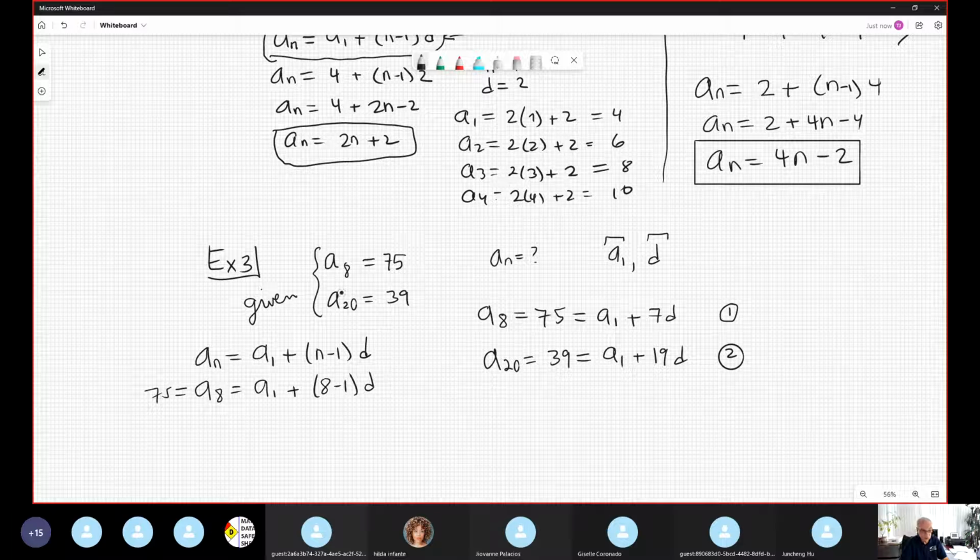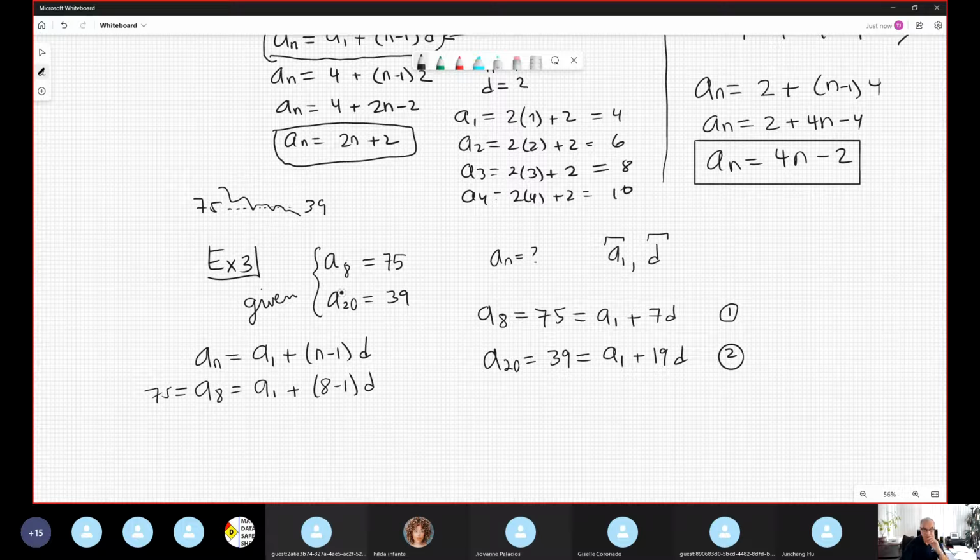Something is weird in this sequence because a8 is 75, and when you move forward to a20, we have 39. So my sequence is decreasing, it's going down. Since it's going down, I predict the common difference is a negative number. That is the reason for subtracting and decreasing. Makes sense, right?